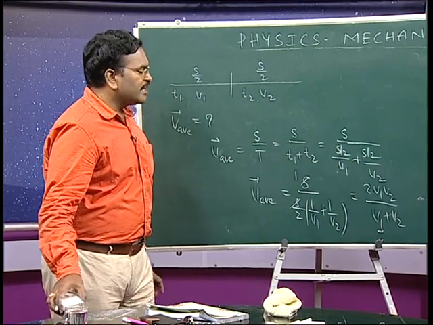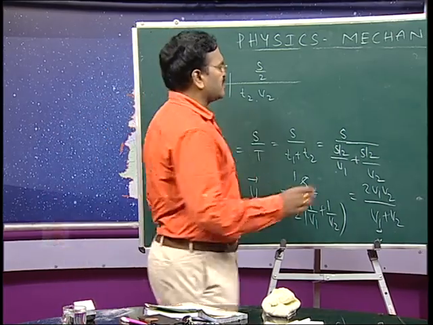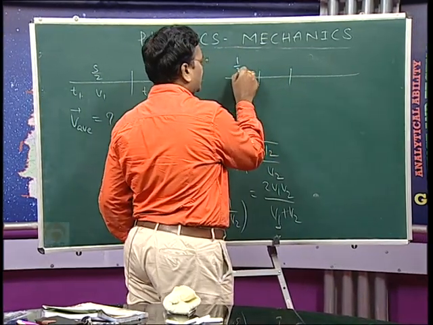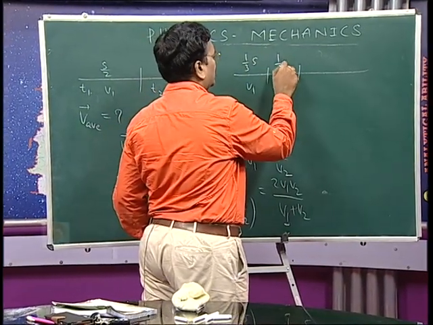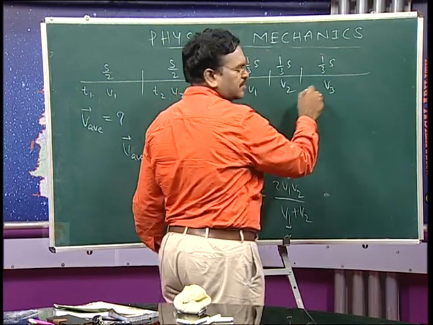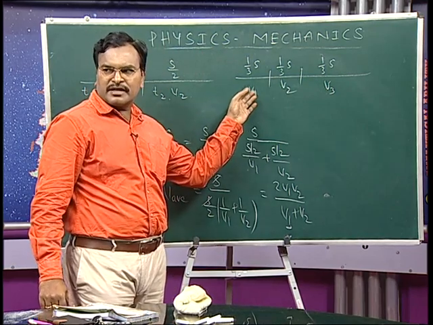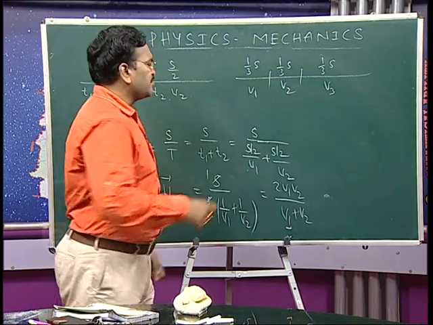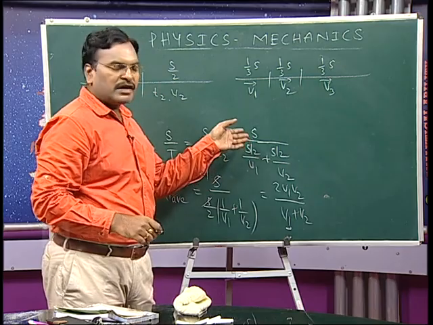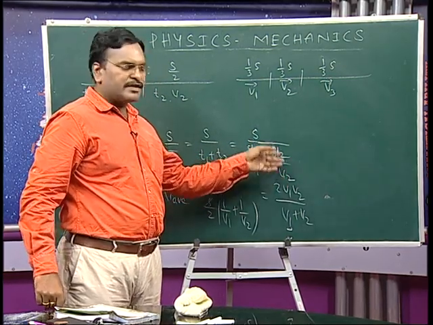And also, if a particle covers 1/3 of the displacement with velocity v1, the second 1/3 with velocity v2, and the remaining 1/3 with velocity v3, find the average velocity. Same thing: the times are S by 3 by v1, S by 3 by v2, S by 3 by v3.